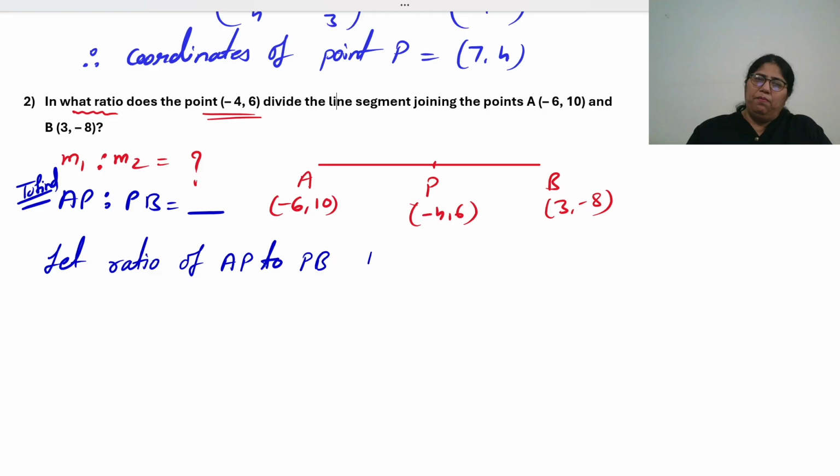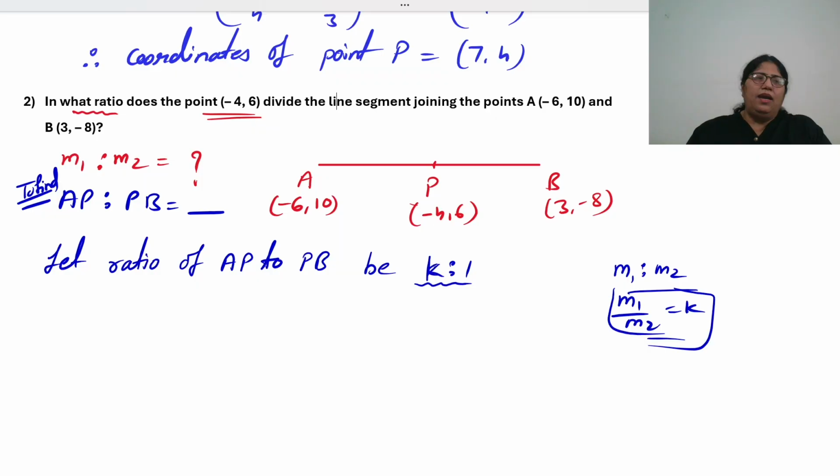We don't take m1 is to m2, because m1 by m2 can be taken as k. Most of the time you get the k value as a fraction and then you can get m1 is to m2. So I'll write k and 1 here. Now your ratio is given as k is to 1.